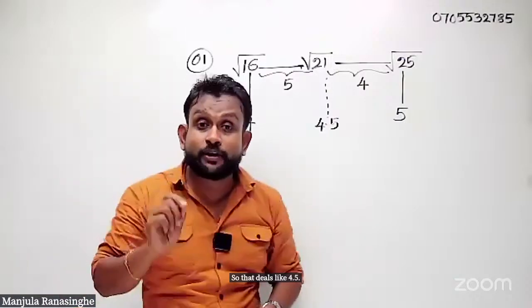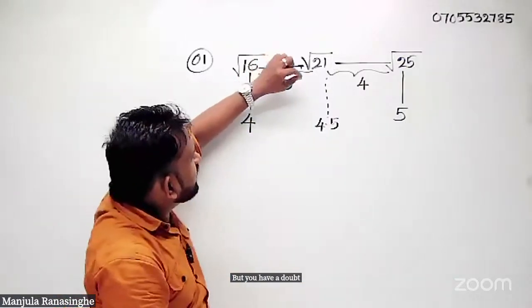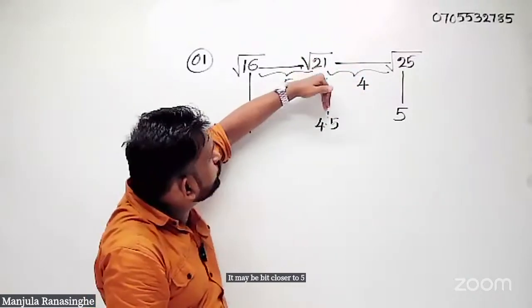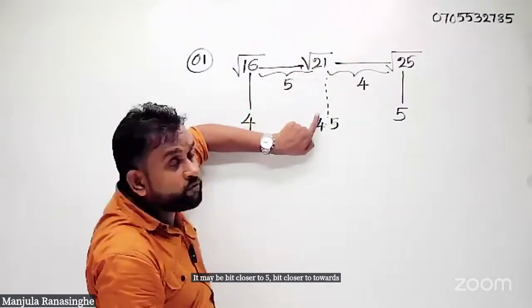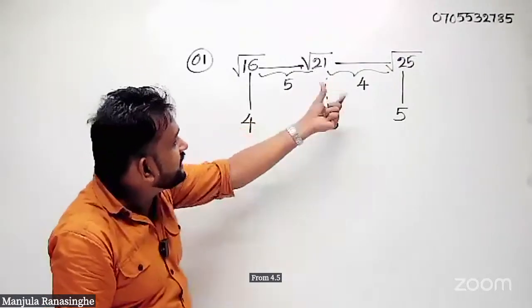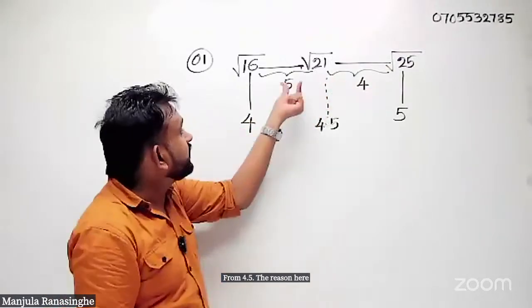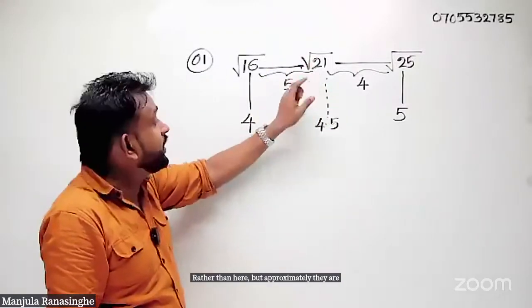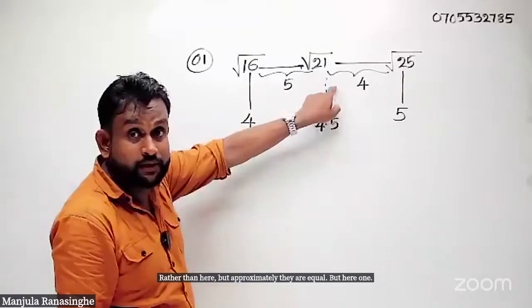But you may have a doubt: sometimes it may be a bit closer to 5 than 4.5. The reason is that one gap is plus here, though approximately they are equal, and one gap is nearer here.